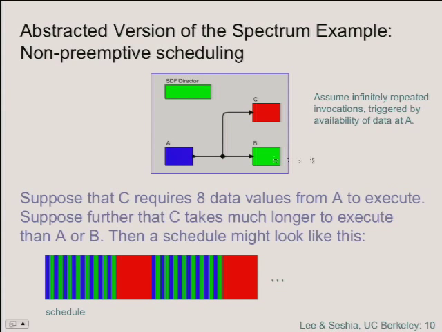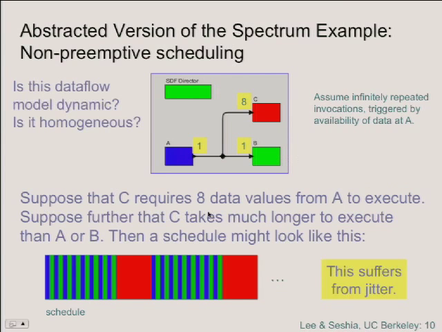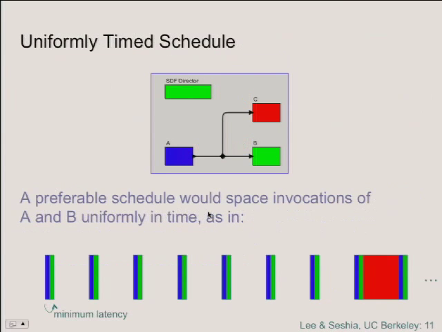Well, there's a number of things we could do. One thing we could do is simply make things a little bit more uniform in time by constructing a schedule like this. Okay, so in a sense, this minimizes the latency between A and B, because with this schedule, B will fire as early as possible after A fires, irrespective of what C is doing.